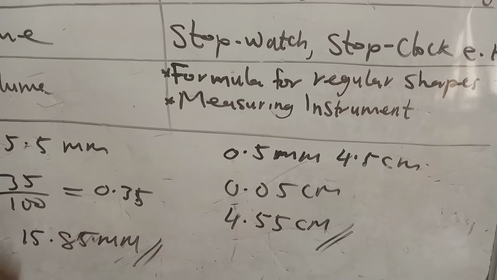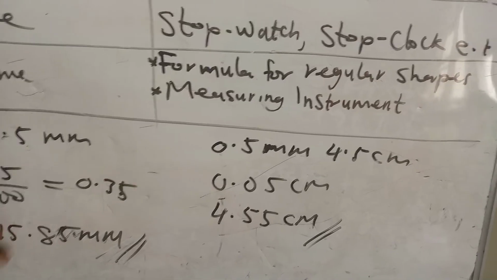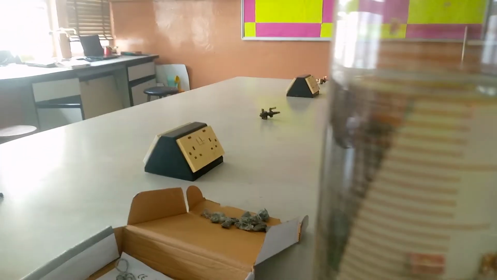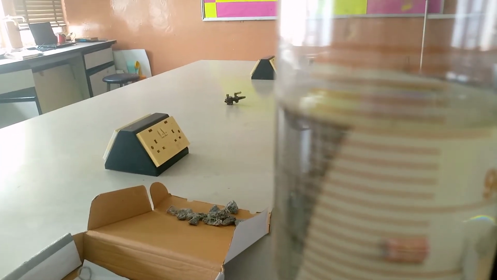If you want to measure the volume of a stone, you have to use a measuring cylinder. You can't identify length or height, so what you do is look at this measuring cylinder. The level of water inside now is 950. Then you dip the stone inside.